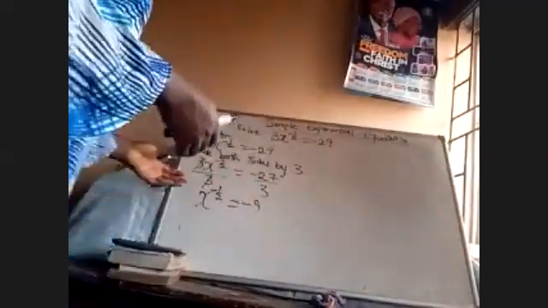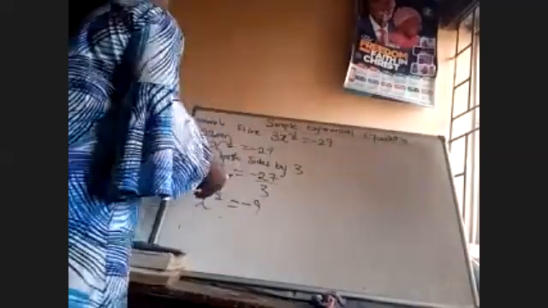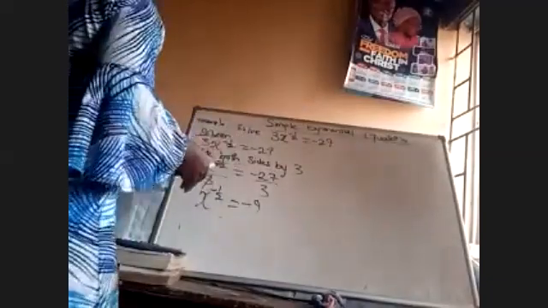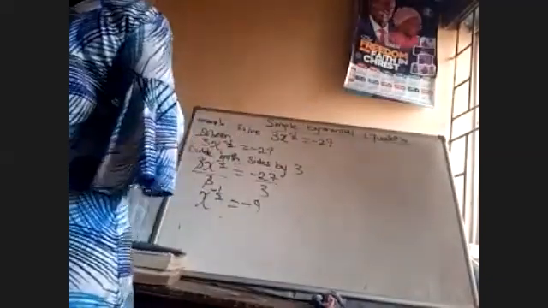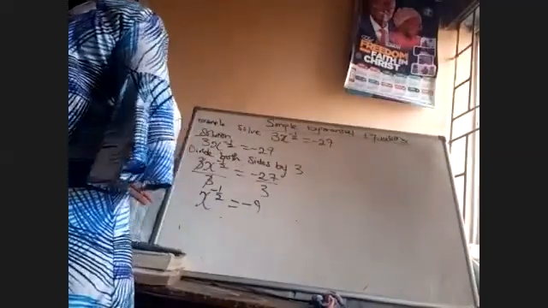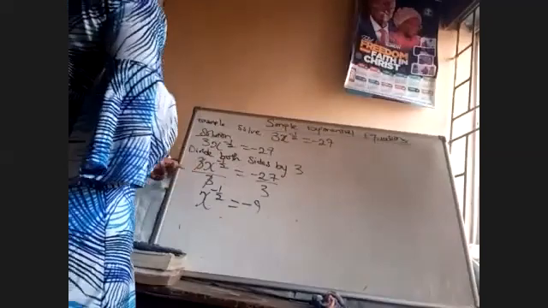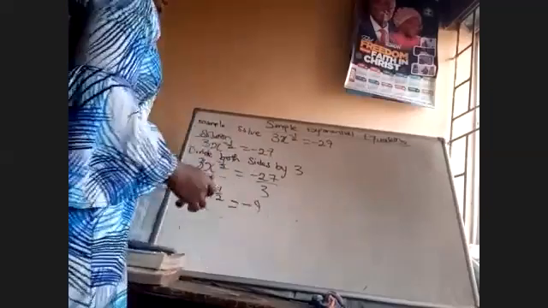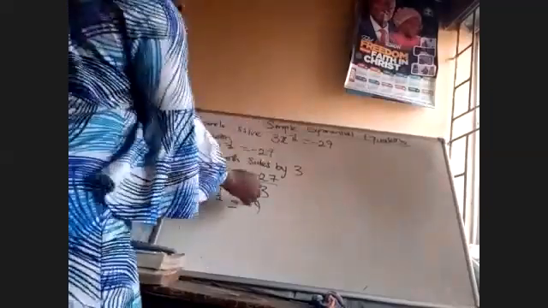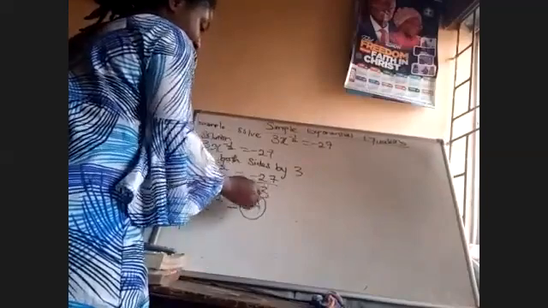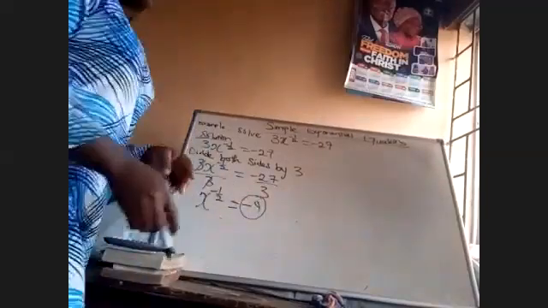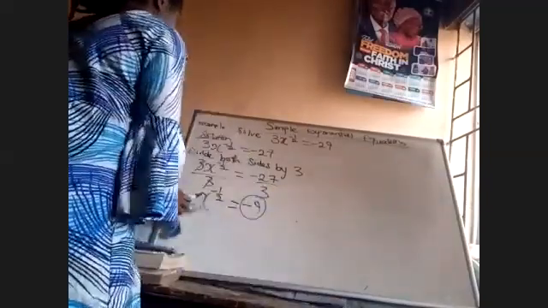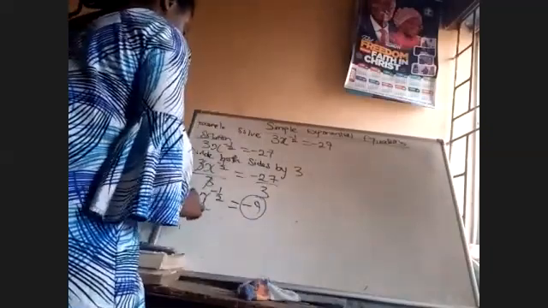If we want to compare both sides, either we have similar base or similar power. We cannot solve this directly because we have a negative number. So another thing you do is find the square of both sides, square both sides.